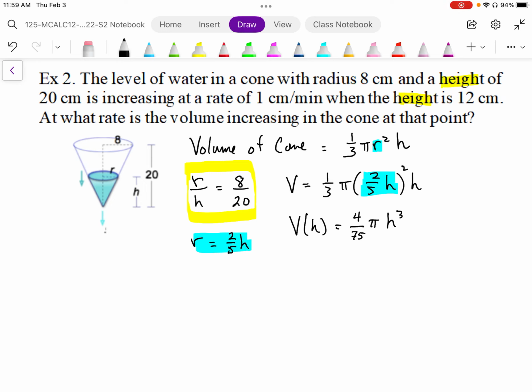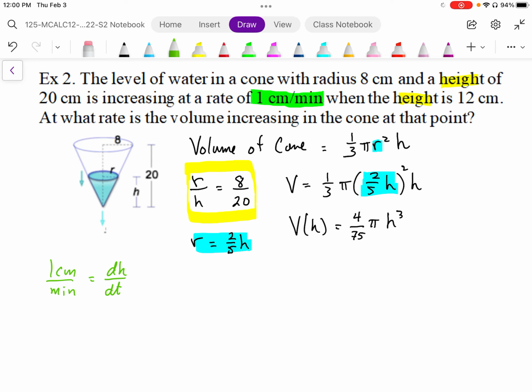I'm going to differentiate this with respect to time because I have a rate going on here. I have a rate of 1 centimeter per minute, and I'm just going to write that over here. That 1 centimeter per minute is the change in height over the change in time.